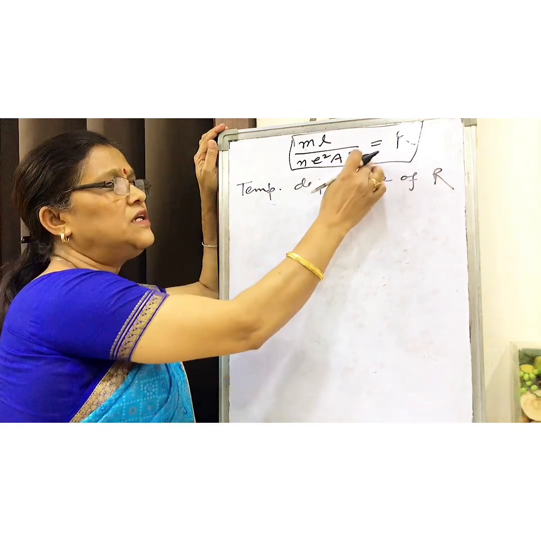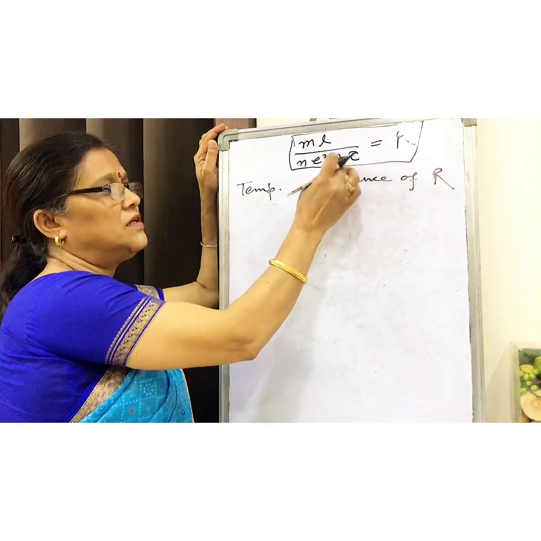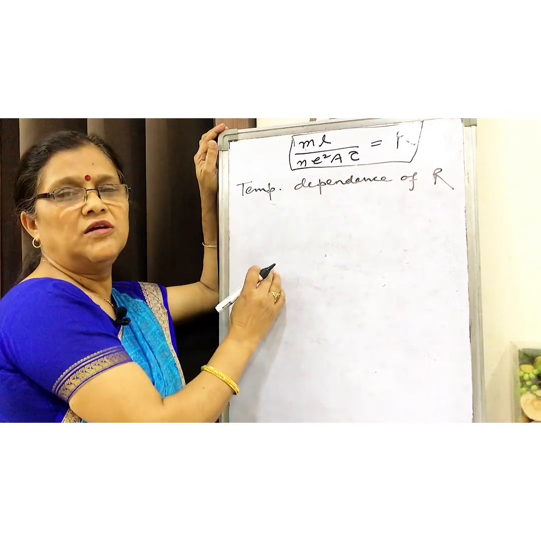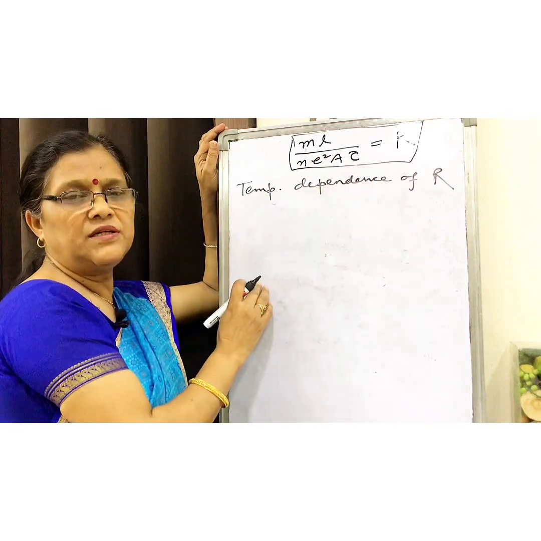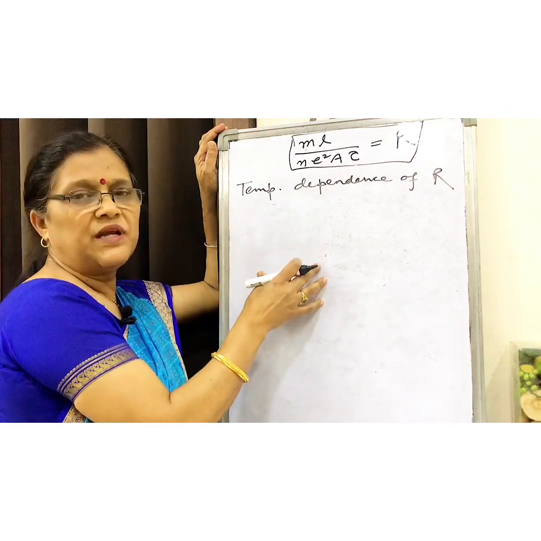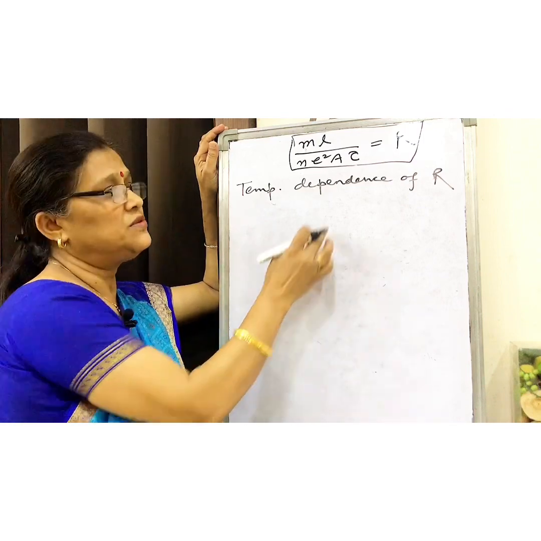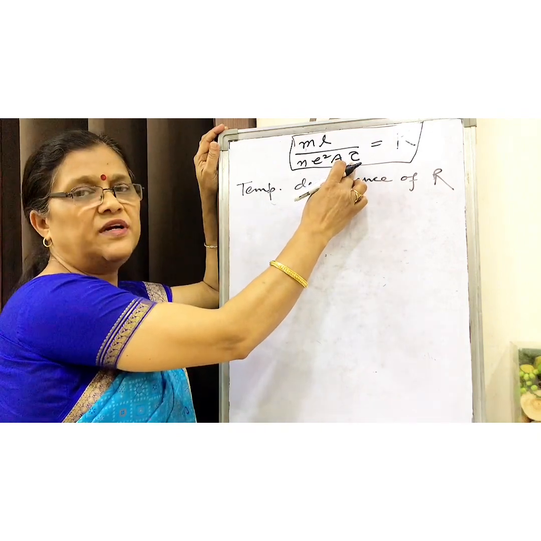The term other than the constants is this tau, which depends on temperature. When the temperature is increased, the number of collisions also increases, so this average relaxation time decreases.